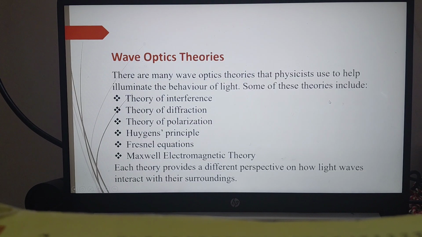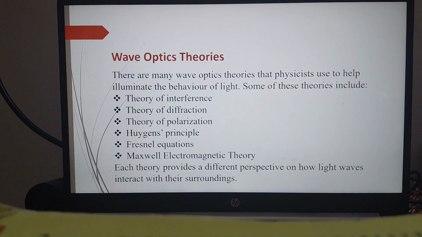Next, wave optics theories. Till now we discussed wave optics, phase difference, path difference, different types of wave optics, etc. Now, theories of wave optics. What are the theories we have?